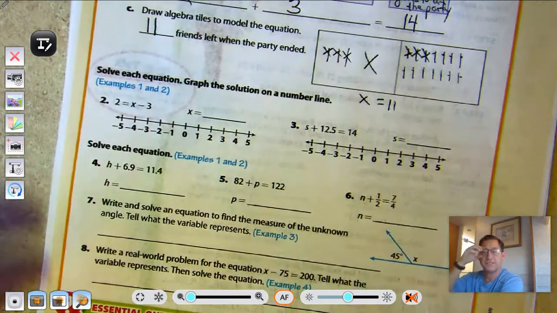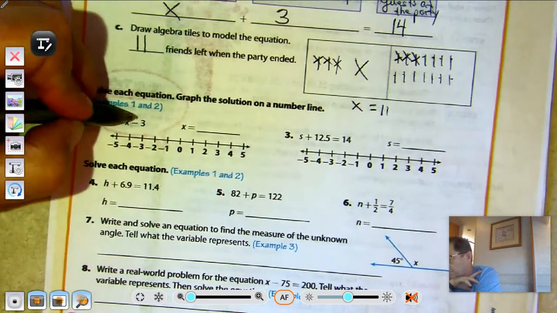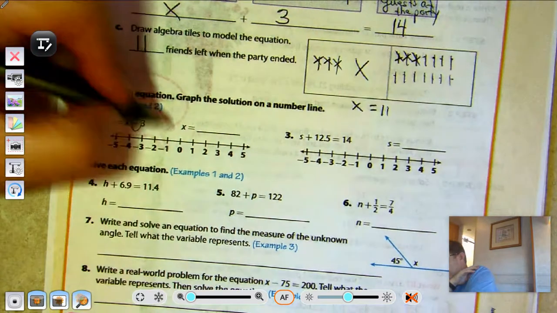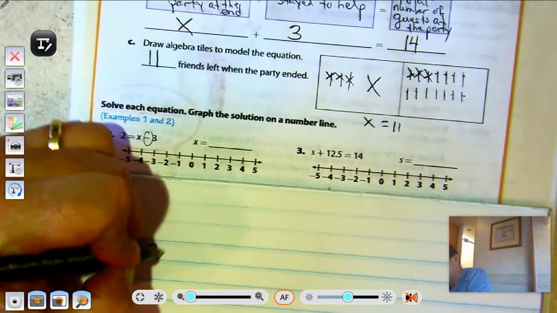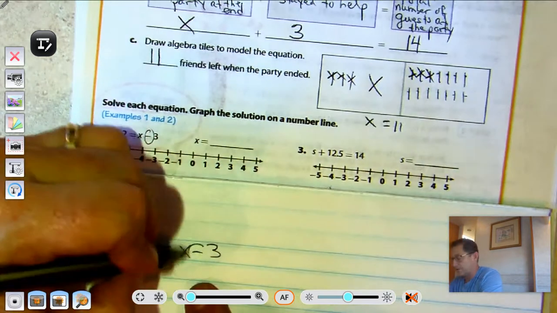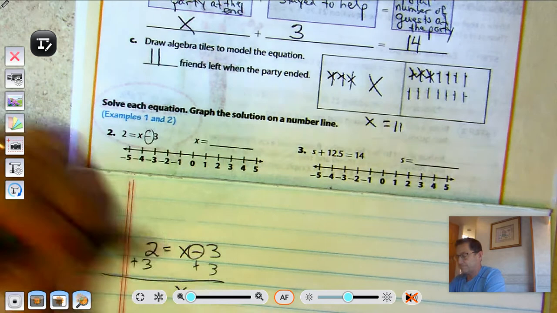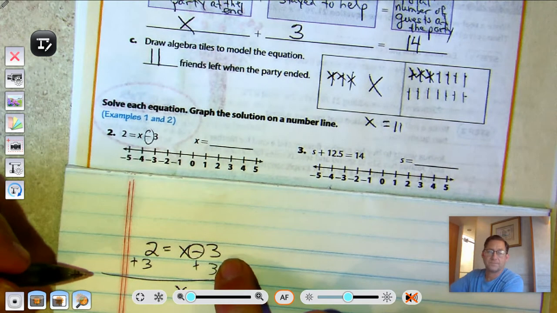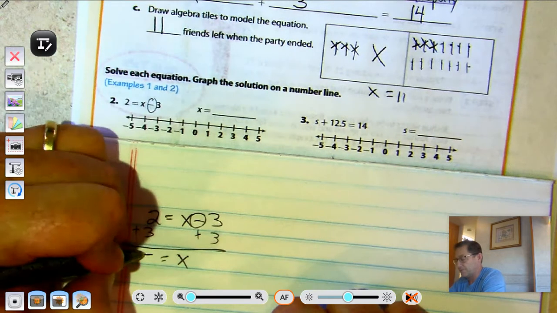All right, solve each equation and graph the solution on a number line. All right, so we have subtraction, so we're going to add. I'm going to use scratch paper for this. Okay, so I'm going to add 3 to both sides. 3 and negative 3 is 0, and 3 and 2 is 5.